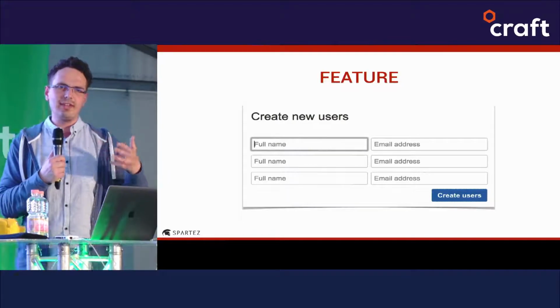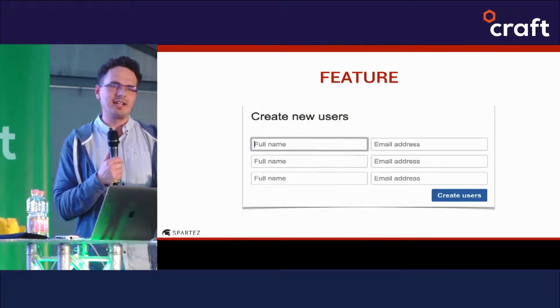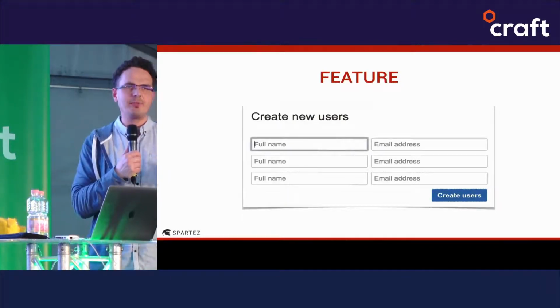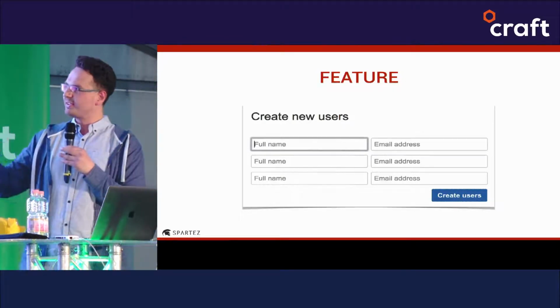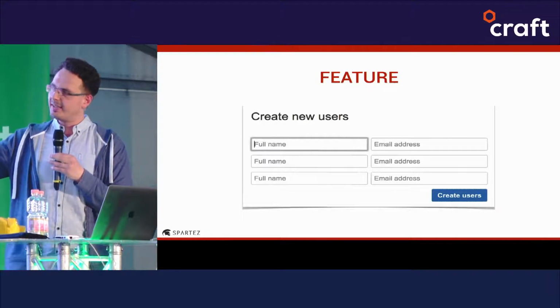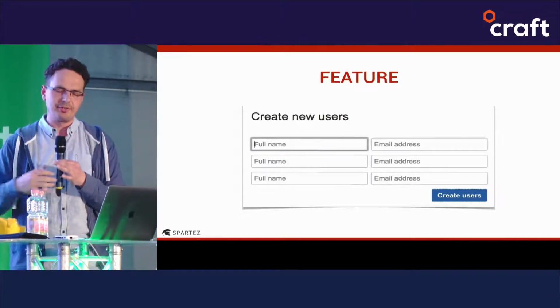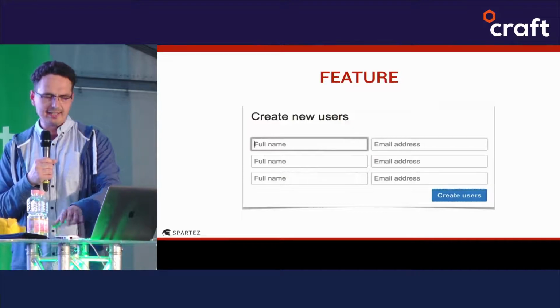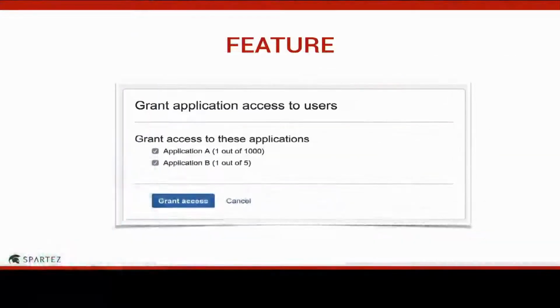So instead of creating a single user, we want administrators to be able to create up to 3 users. An administrator can open a pop-up and put in details of up to 3 users. Once they do that, they are redirected to another pop-up, which allows administrators to assign seats to applications for those users that got created. So it seems like a very easy feature.